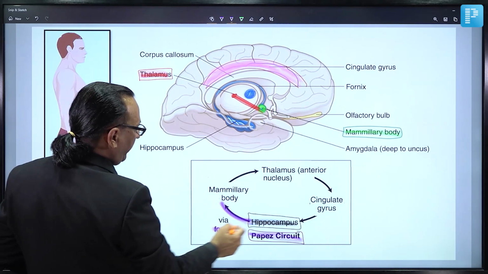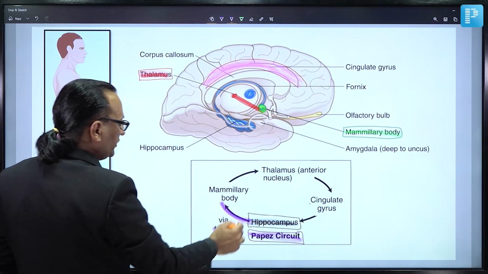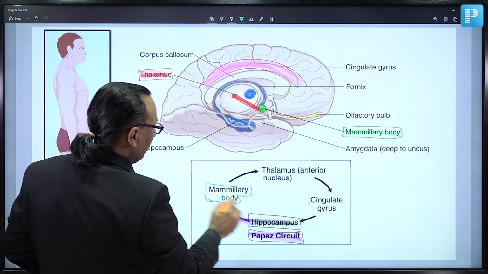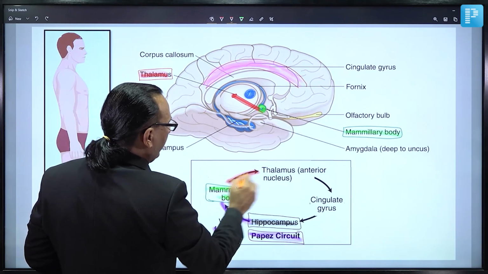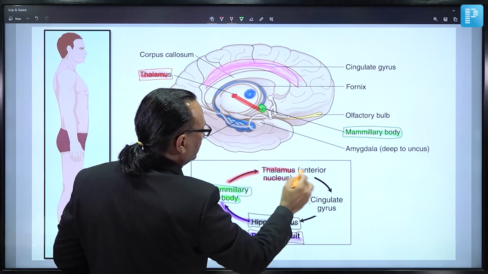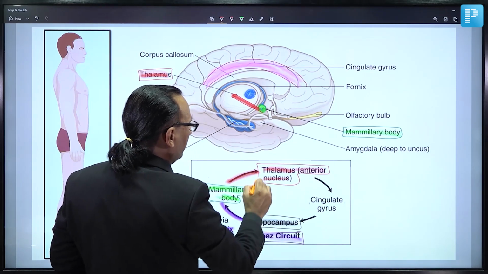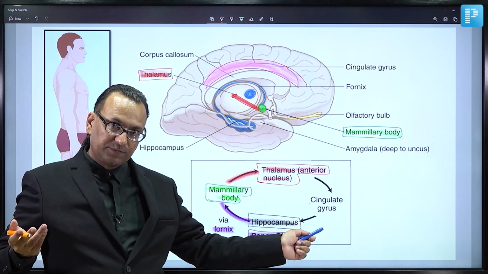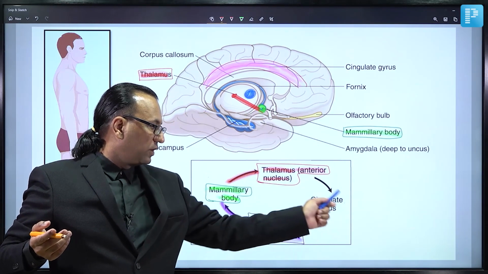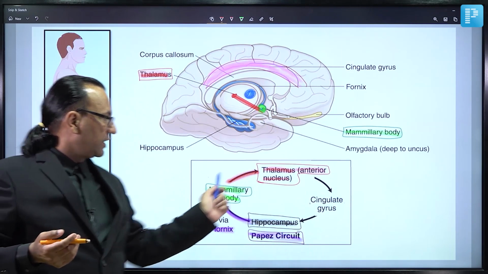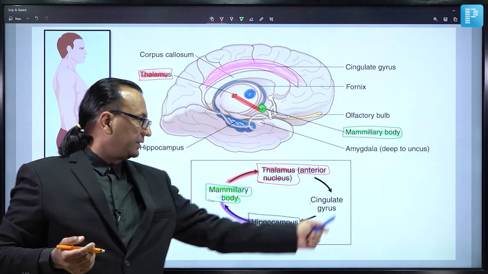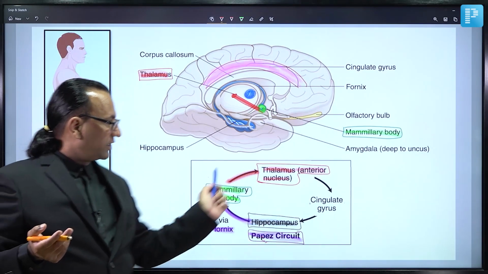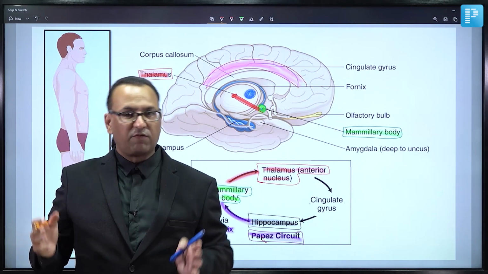The major output tract from the hippocampus, the fornix, taking information to the mammillary body, and the mammillary body itself sending the mammillothalamic tract towards the anterior nucleus of the thalamus. And from there, the neural loop will send information towards the cingulate gyrus, which then sends it back to the hippocampus. So it is a neural loop which keeps working, converting the short-term memory into long-term memory, or maybe helping us in learning. It also relates with our emotions.